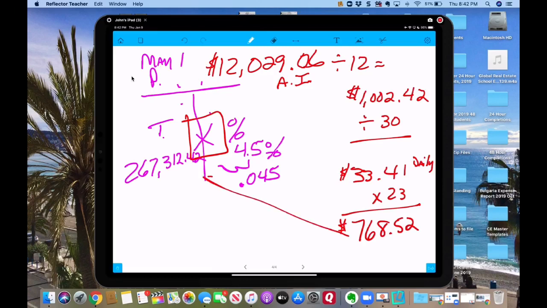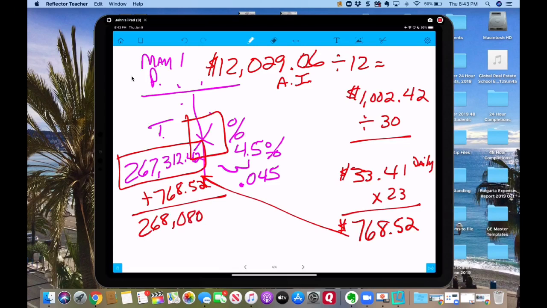So what was the loan balance May 1st? It was this number here. We're going to add $768.52. And when we add that to our loan balance on May 1st, I get $268,080.94.